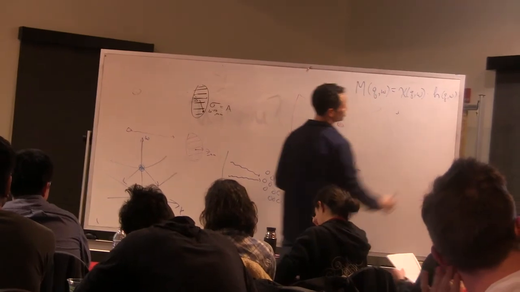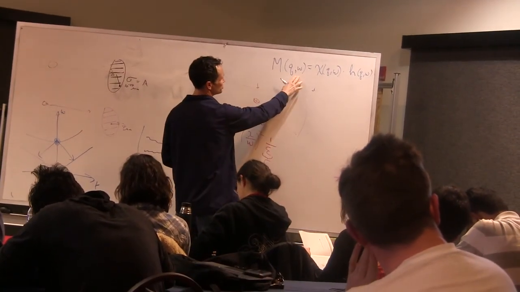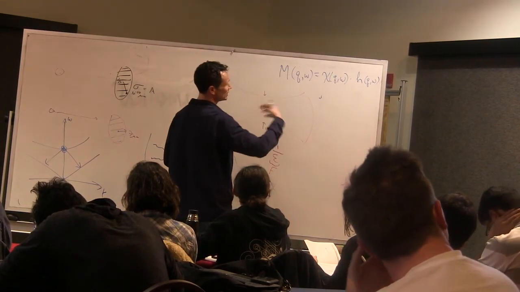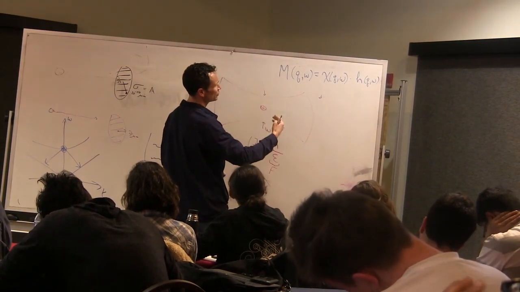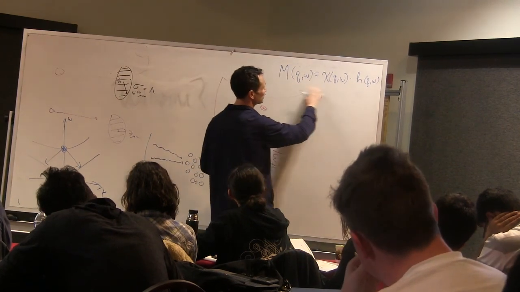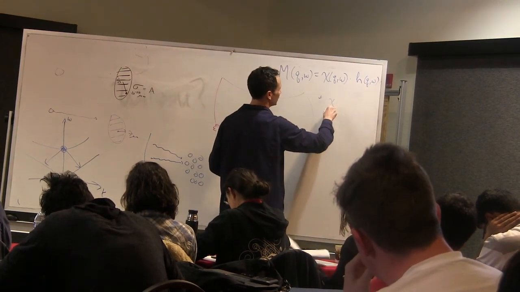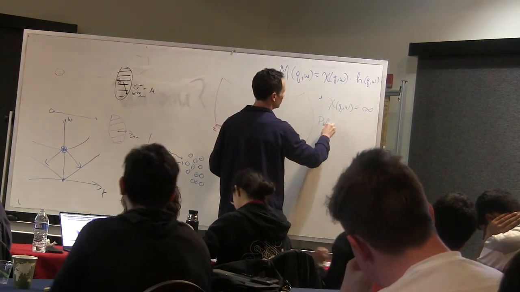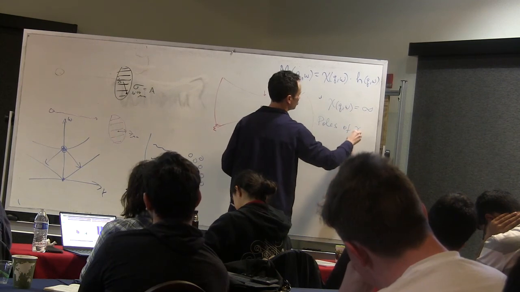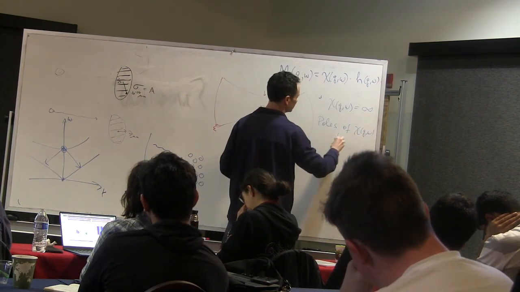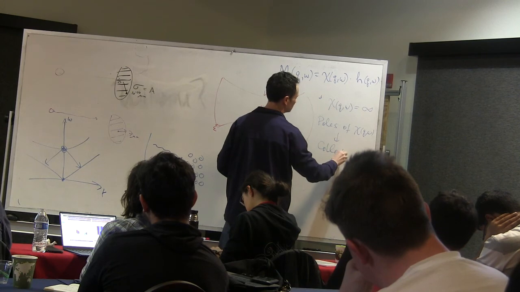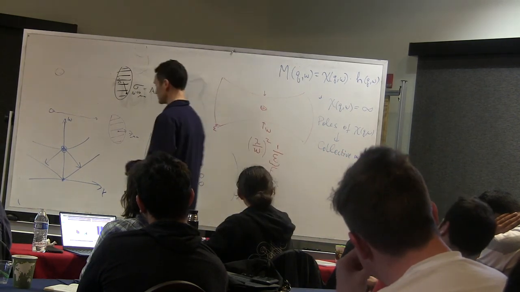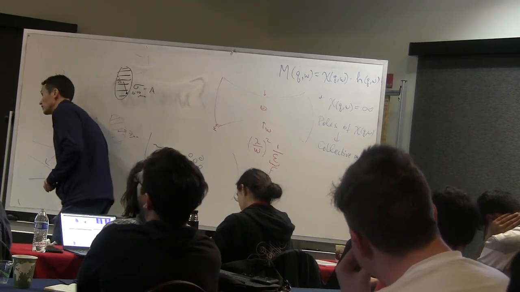For generic q and omega, in order to get magnetization you have to have external fields. But there are special wave vectors and frequencies where you can get finite magnetization with zero field, but they require chi of q and omega equal to infinity, or looking at poles of chi of q and omega. And they correspond to collective modes.